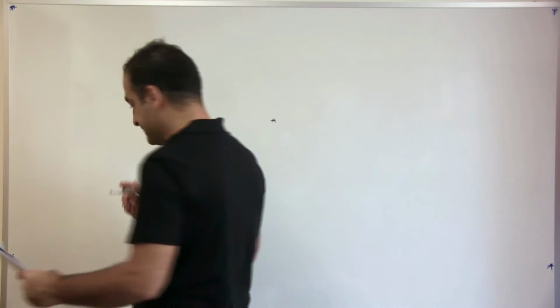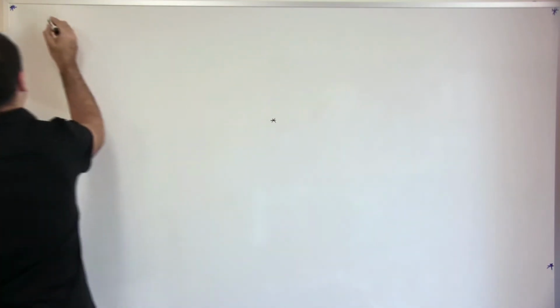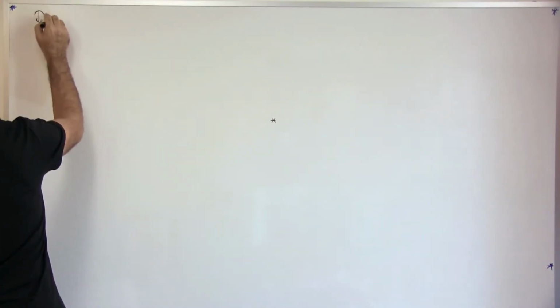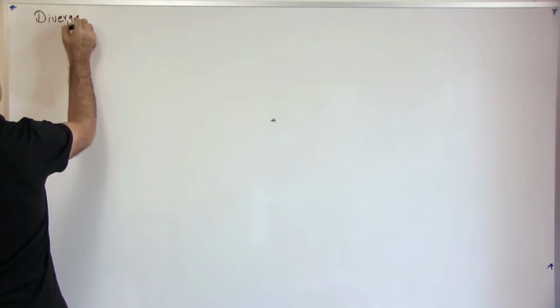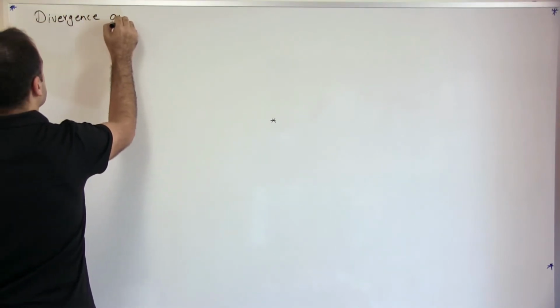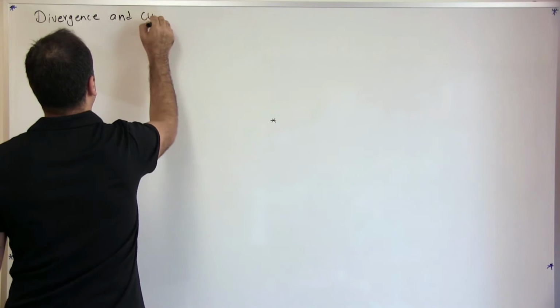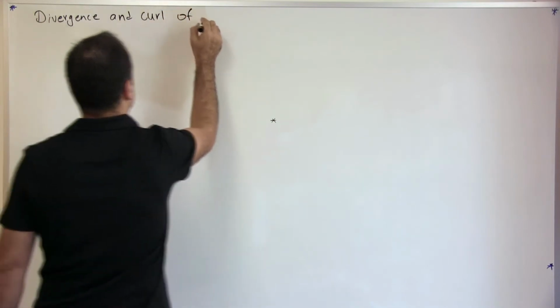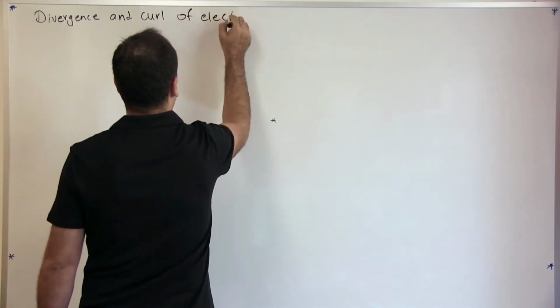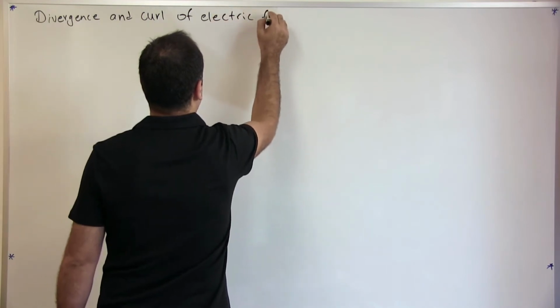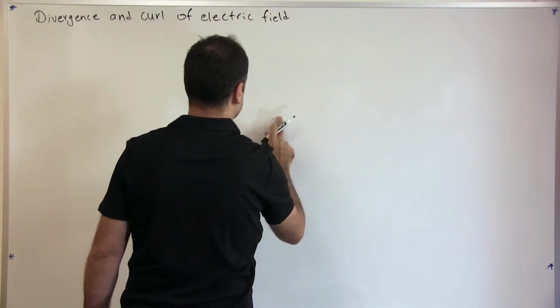So we had this equation. Let me write the topic: divergence and curl of electric field.